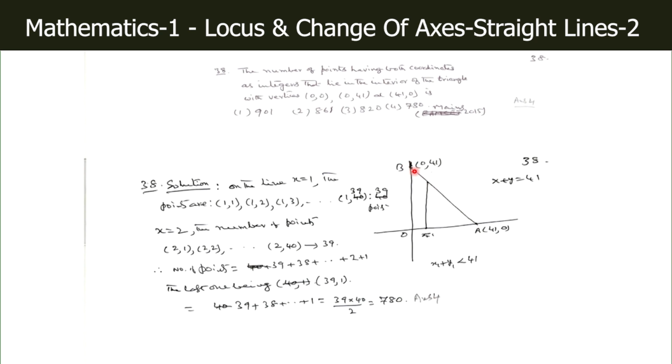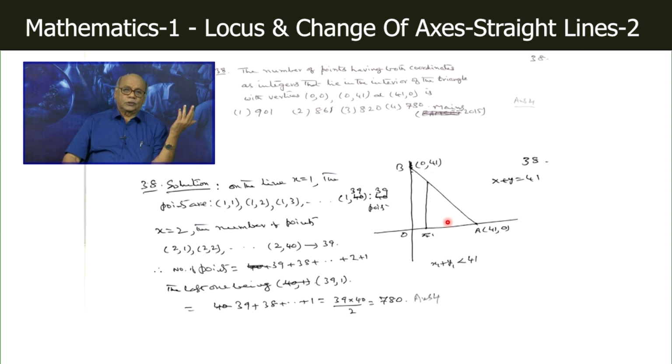See the diagram. Now, generally, the points with integral coordinates lie on the lines x is equal to 1, y is equal to 1, x is equal to 2, x is equal to 3, x is equal to 4, etc. Similarly, with negative coordinates, x is equal to minus 1, x is equal to minus 2, etc. Because the points must lie inside, we don't count the integral points on the x-axis and y-axis, because they do not lie inside the triangle.